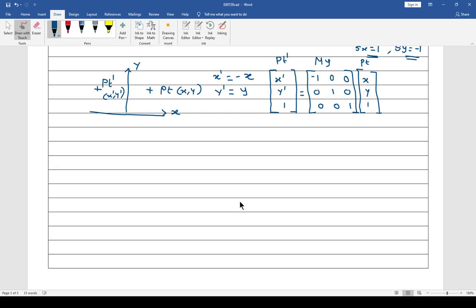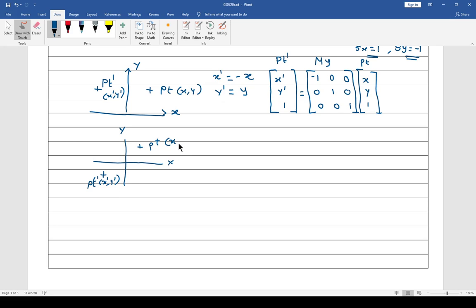The next is mirroring about xy. So this is x, this is y, this is my point PT, and I want mirroring about xy, and this is my PT dash, x dash y dash.